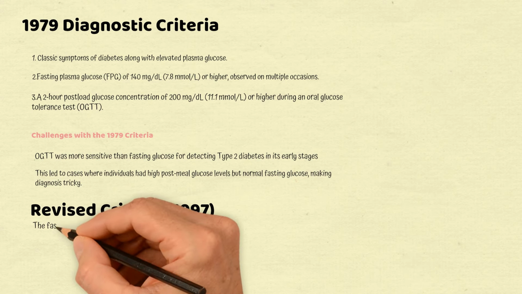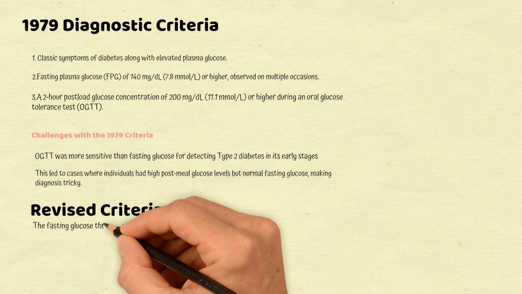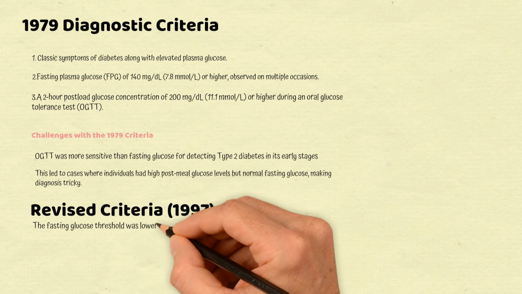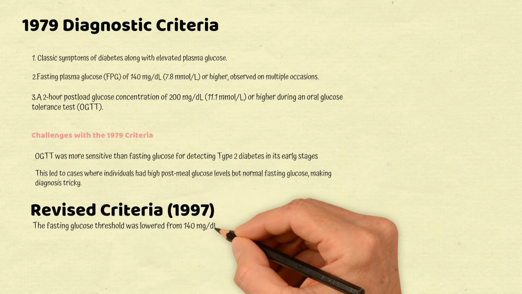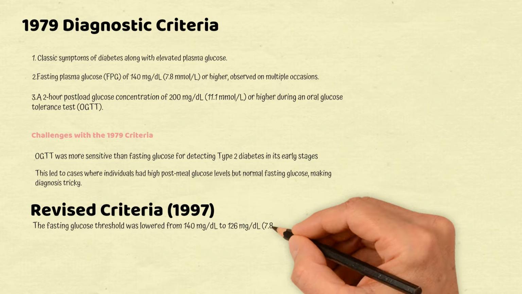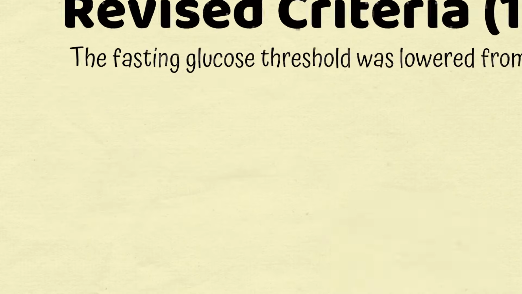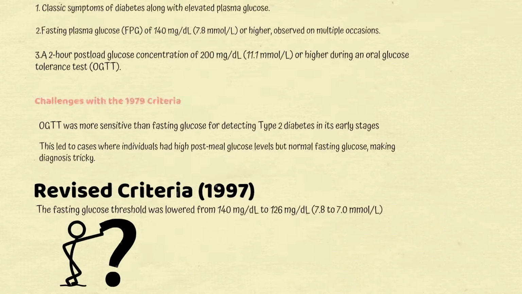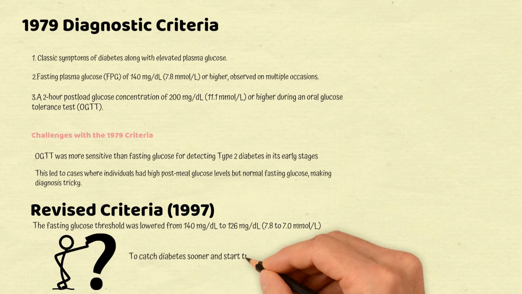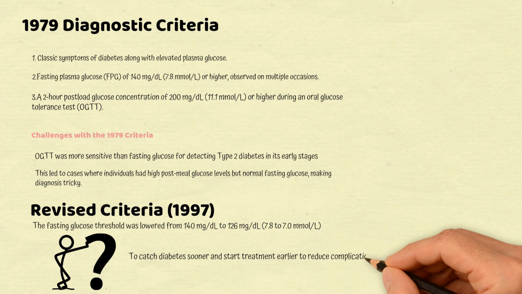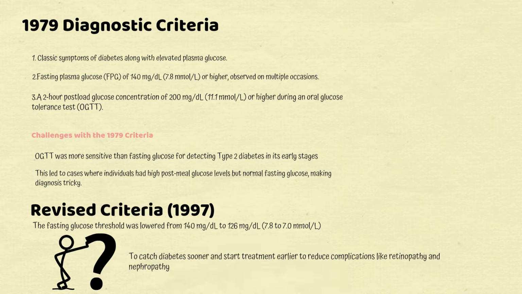The fasting glucose threshold was lowered from 140 mg per deciliter to 126 mg per deciliter, 7.8 to 7.0 millimoles per liter. The goal? To catch diabetes sooner and start treatment earlier to reduce complications like retinopathy and nephropathy.